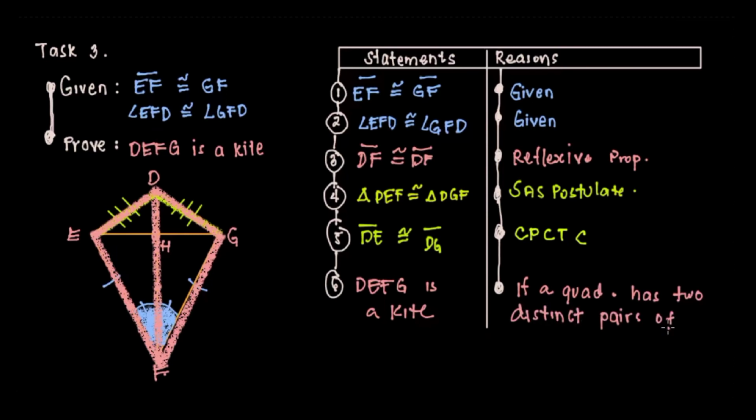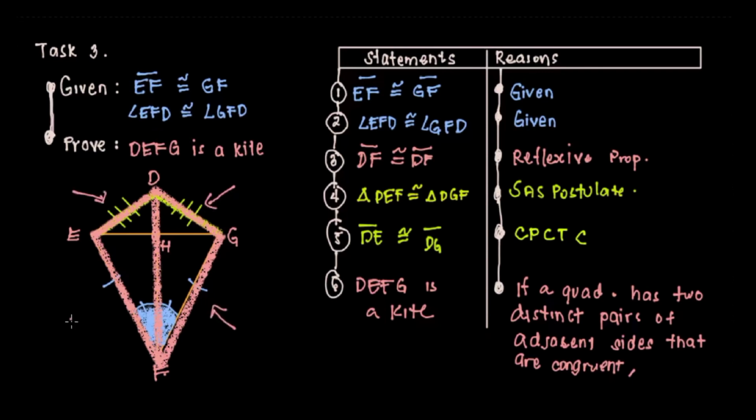Adjacent, magkatabi, distinct pairs. Tapos congruent pa sila. Pakita ko muna sa inyo, no? They are congruent. Itong illustration na to. So, segment DE and DG are congruent, segment GF and segment EF are congruent as well, then pwede nating masabi na ito ay isang uri ng quadrilateral na ang tawag ay kite. Then we are done.